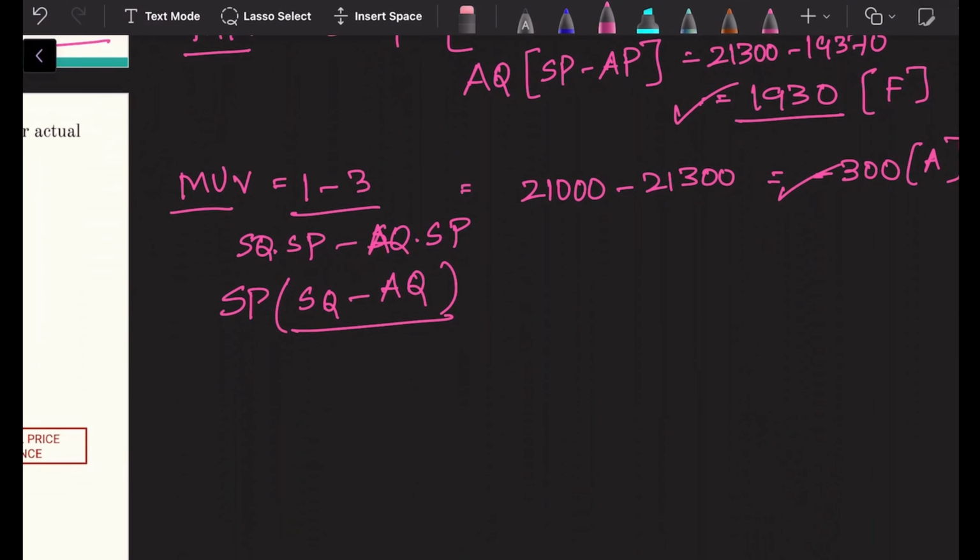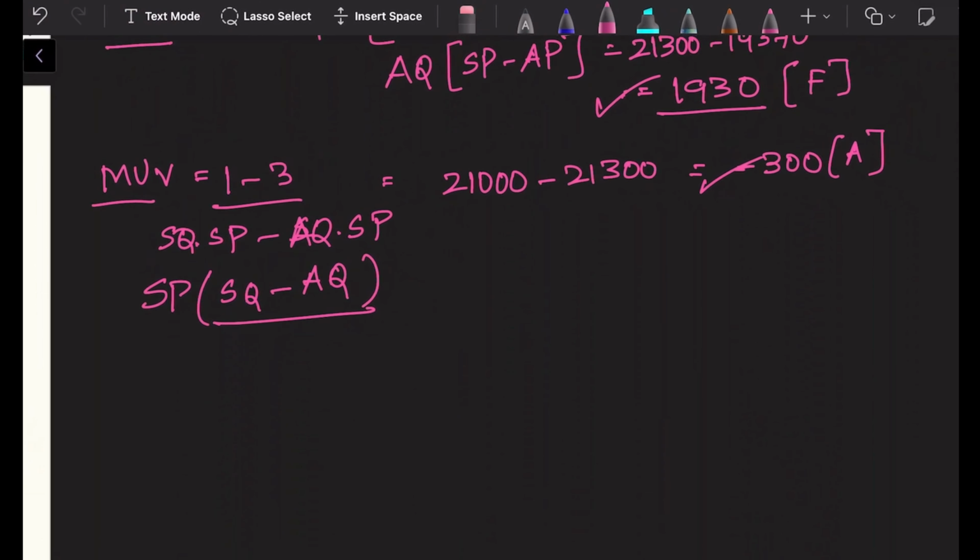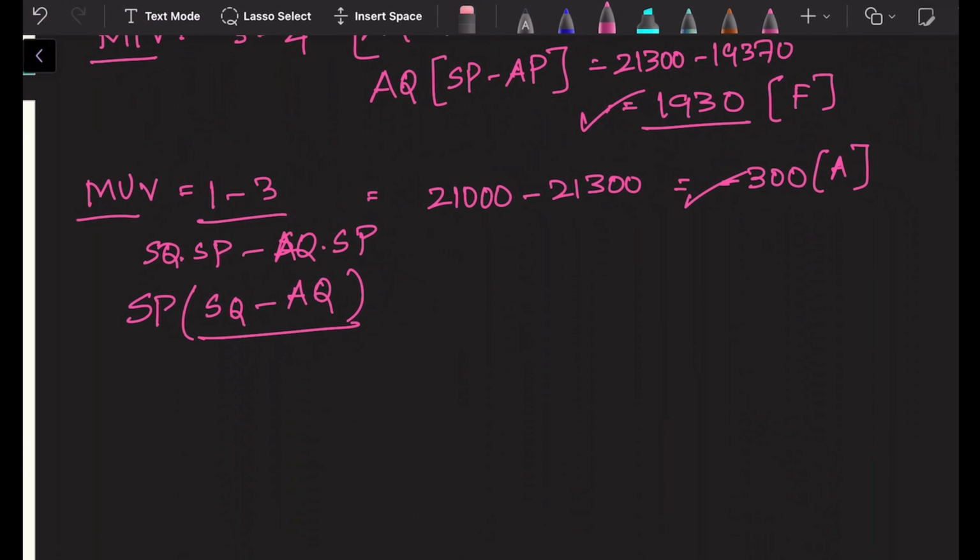Under MUV, usage variance, I have two subvariances. These are coming because of mixes. So I have material yield variance and material mix variance. Material yield variance is given by 1 minus 2 and material mix variance is given by 2 minus 3.